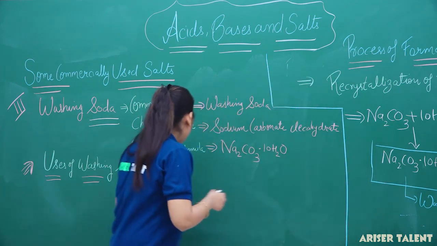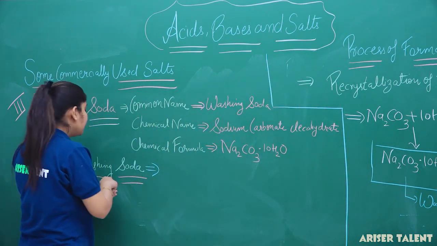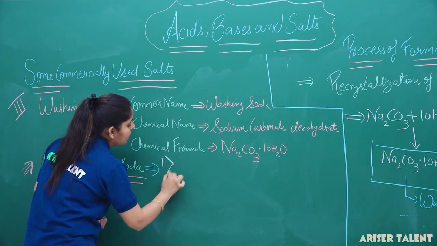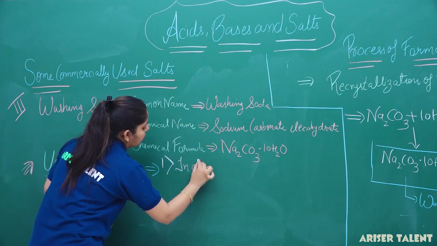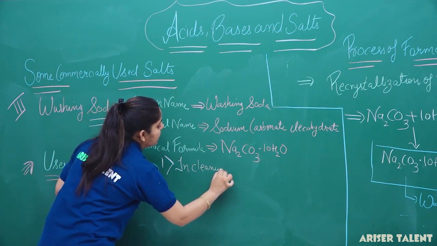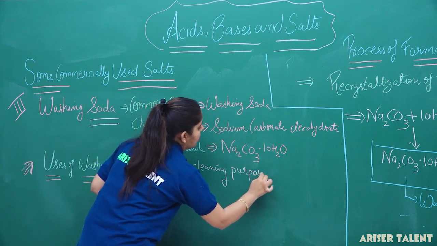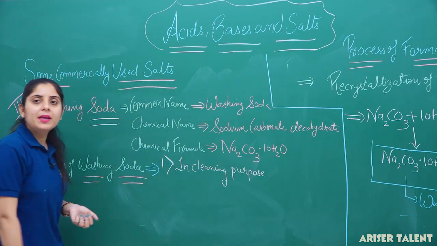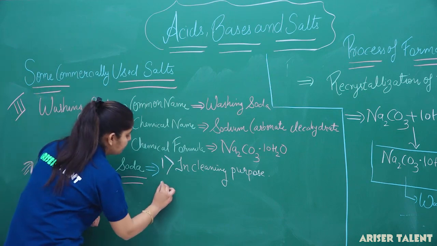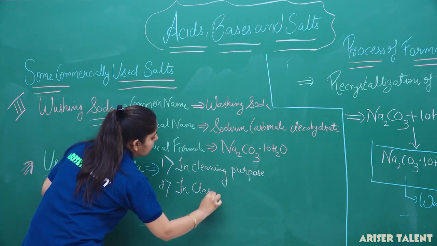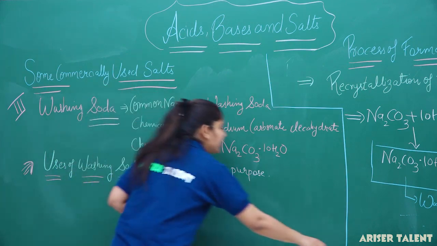Now I am writing the uses of this compound. The uses of the washing soda is, firstly, in cleaning purpose. Its first use will be in the cleaning purpose. Second use will be in glass industry.